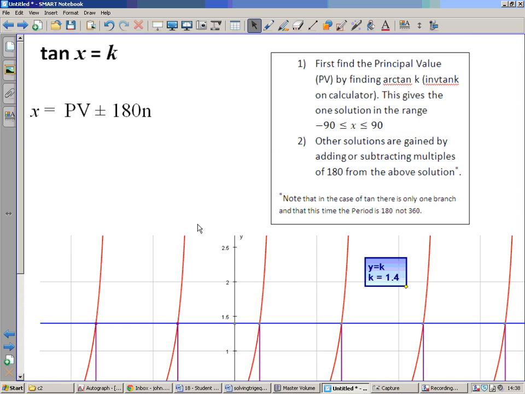So for example, with this equation, if we had tan x equals 1.4, we could work out the inverse tan of that, making sure that you're in degrees on your calculator, always making sure you're in degrees on your calculator. So inverse tan of 1.4 is 54.5. That's our principal value.